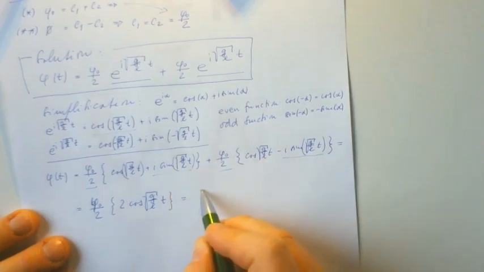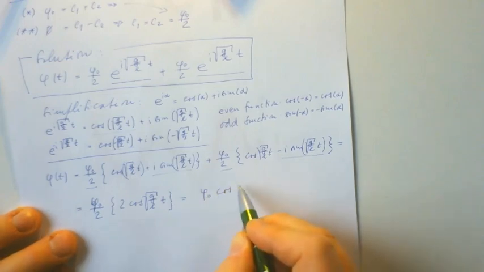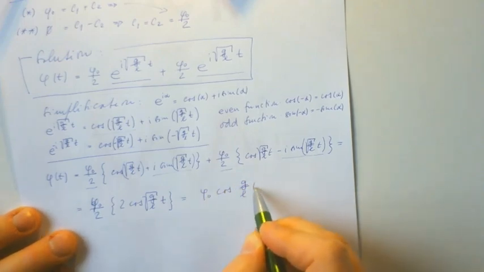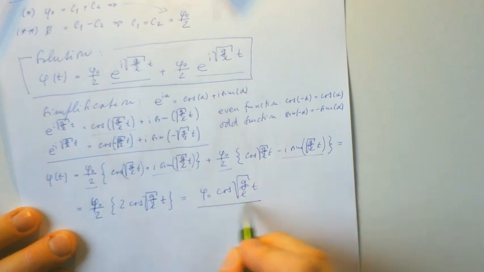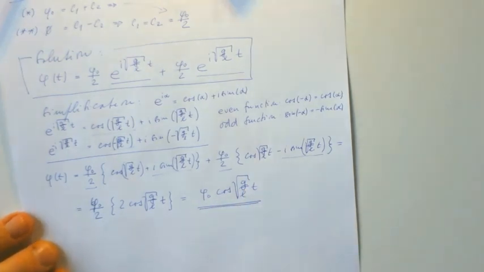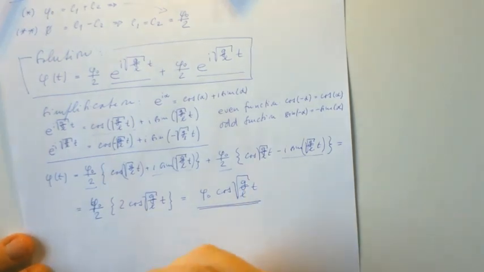So it is phi 0 cosine of g over L t. This is the final solution in a very simple form.